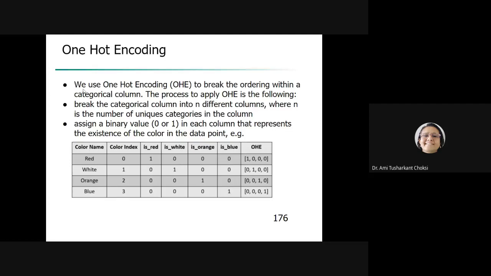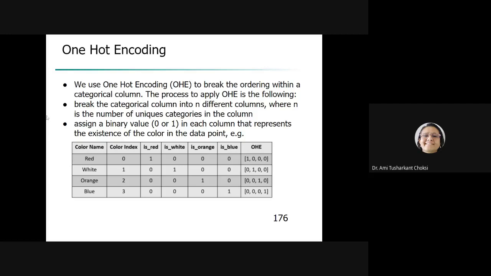We use one hot encoding, OHE, to break the ordering within a categorical column. The process to apply OHE is, first, break the categorical column into n different columns where n is the number of unique categories in the column.